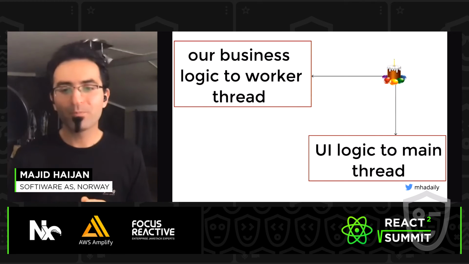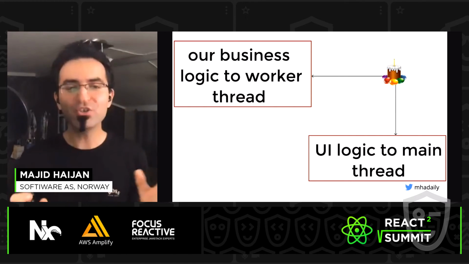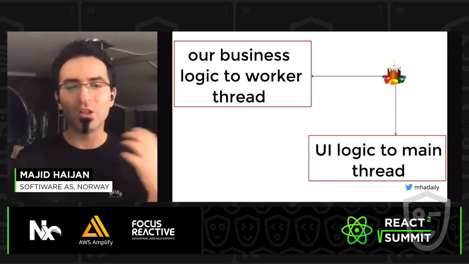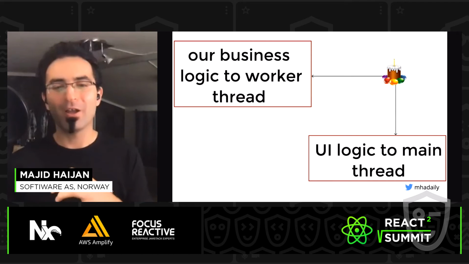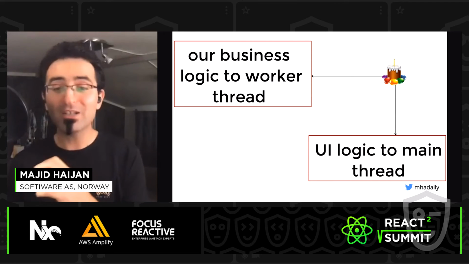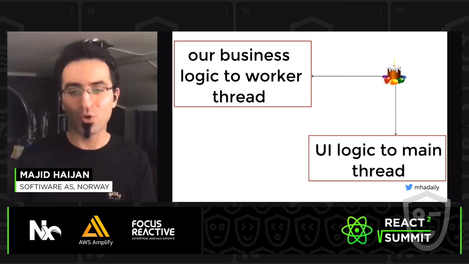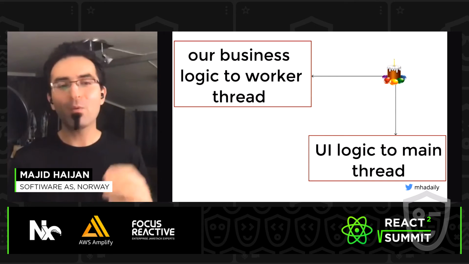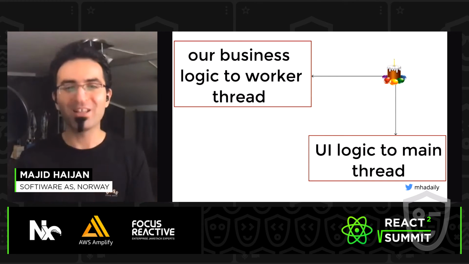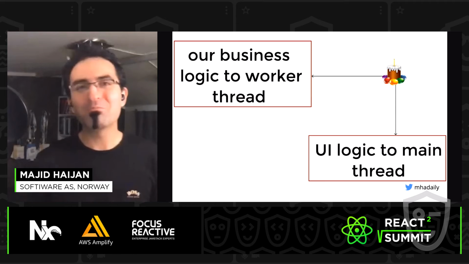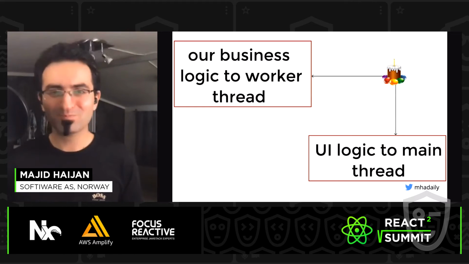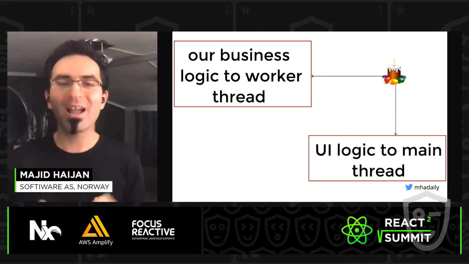What we can do now is differentiate our business logic. We can actually hold off our business logic to our worker thread, and we can have our UI logic on the main thread. And this is actually how mobile developers, in Swift or Android, usually work.